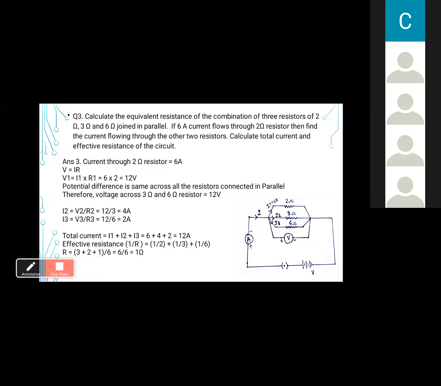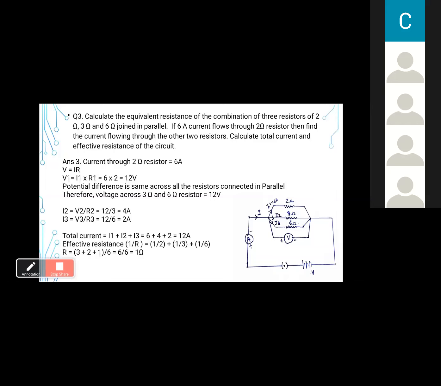But in the question they are asking for total current. Yes, but step by step, we cannot calculate the total directly without calculating voltage, because we don't already know it. Total current and total voltage are the same only, because the resistance is 1. So the total voltage is 12 volts.